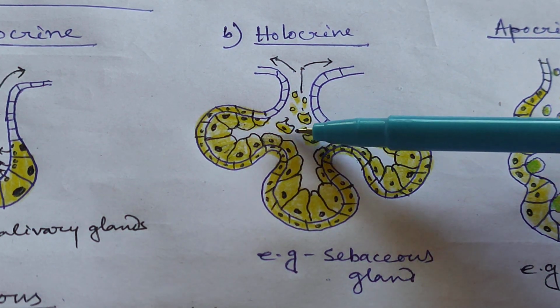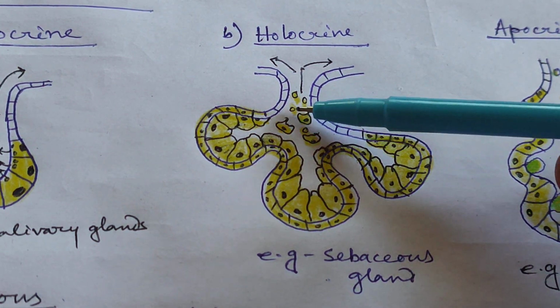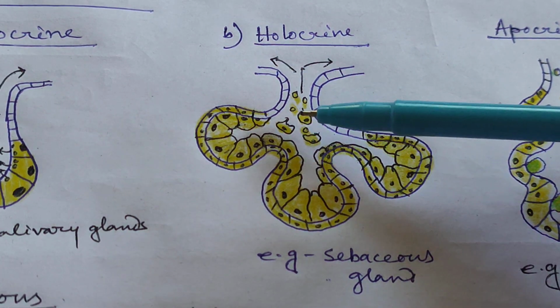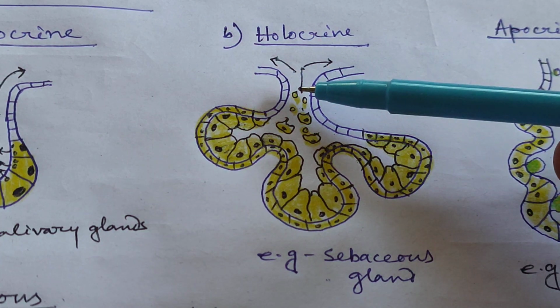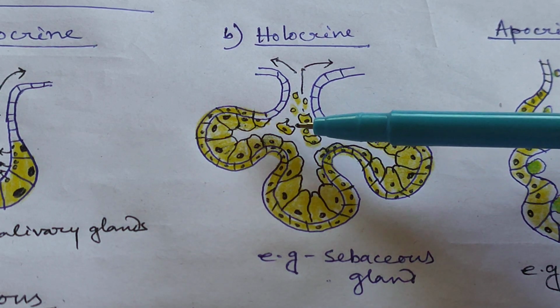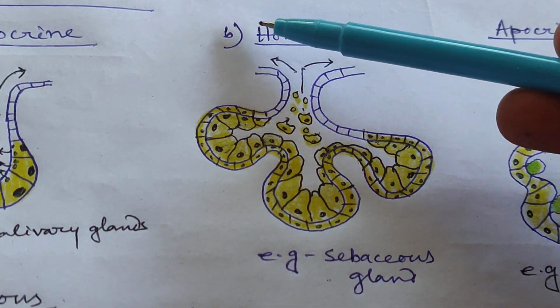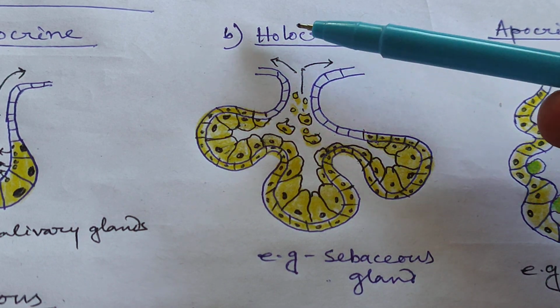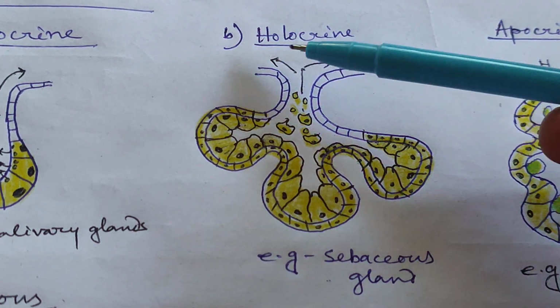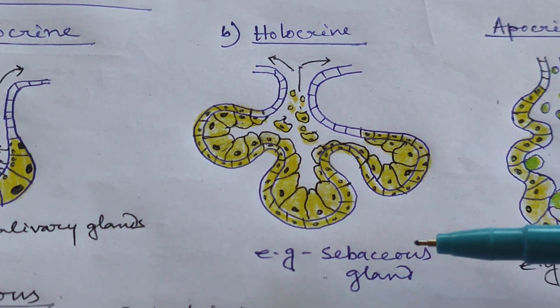See, the secretory cells are getting disintegrated and releasing the secretory product. That means they are degrading themselves to release the secretory product, not through the exocytosis process. It is total destruction of the secretory epithelial cells. That is why, as it says, whole destruction or total destruction, this type of gland is known as holocrine gland. The example is sebaceous glands.